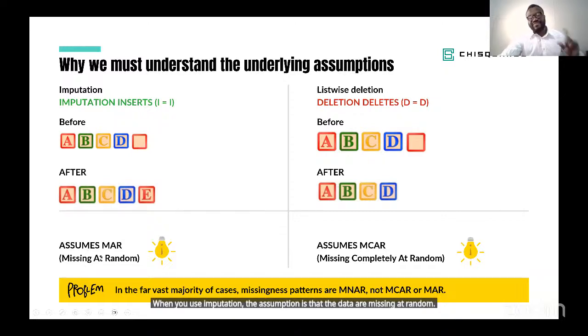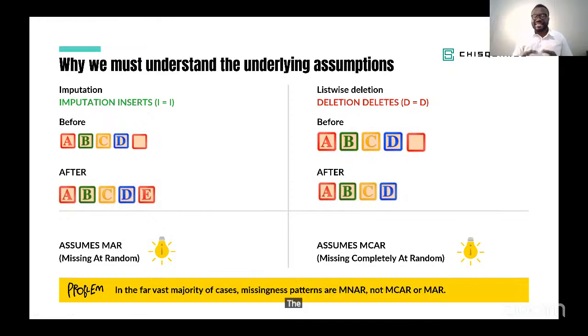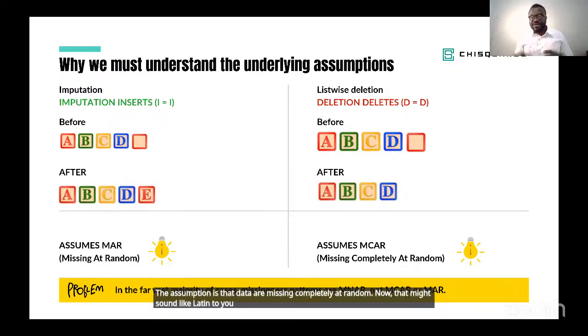This is very important. This is one of the most important parts of the lecture: the assumptions that underpin certain procedures. When you're using list-wise deletion, which is just deleting everybody with missing data, the assumption is that data are missing completely at random. Now, that might sound like Latin to you, but we're going to explain what this means so that we are all on the same page.